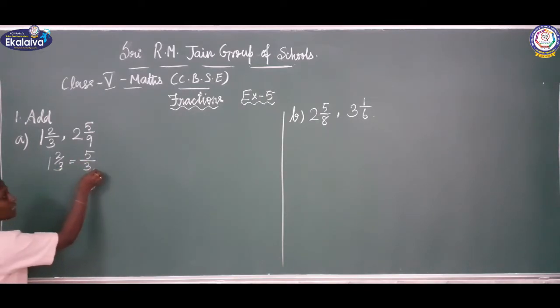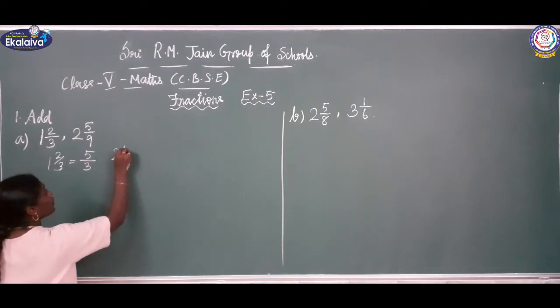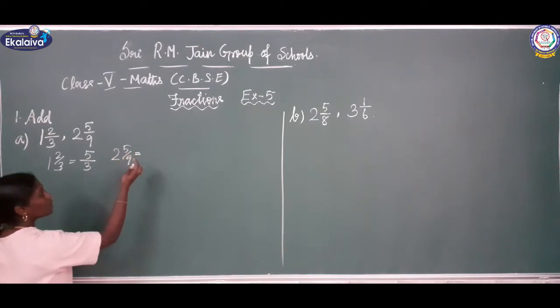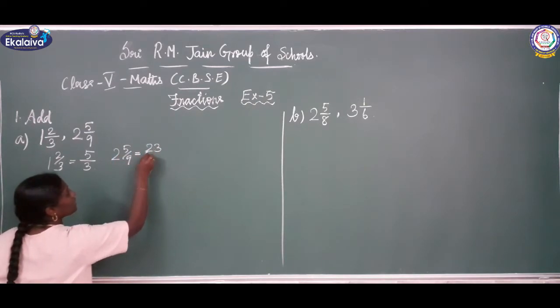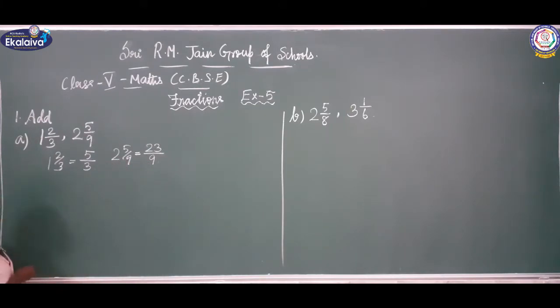Here this is an improper fraction for the mixed number 1 2 by 3. The second fraction is 2 5 by 9. Here we have to multiply the denominator and the whole number part. 2 into 9 is 18. Then we have to add the numerator. 18 plus 5 is 23. Then the same denominator number 9. So this is an improper fraction for 2 5 by 9.